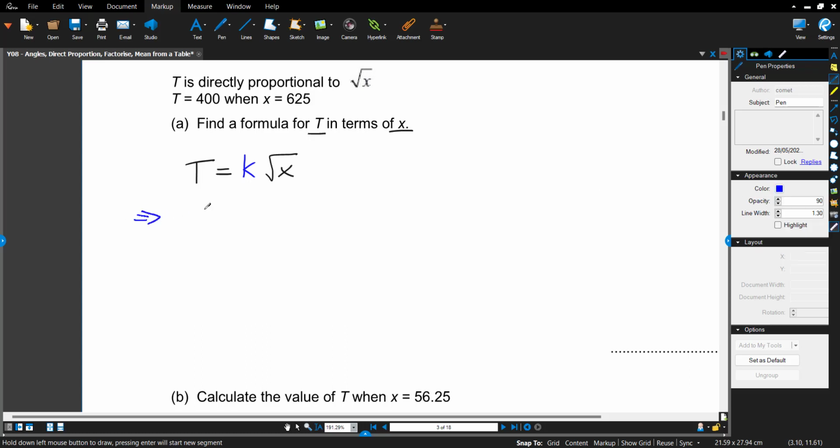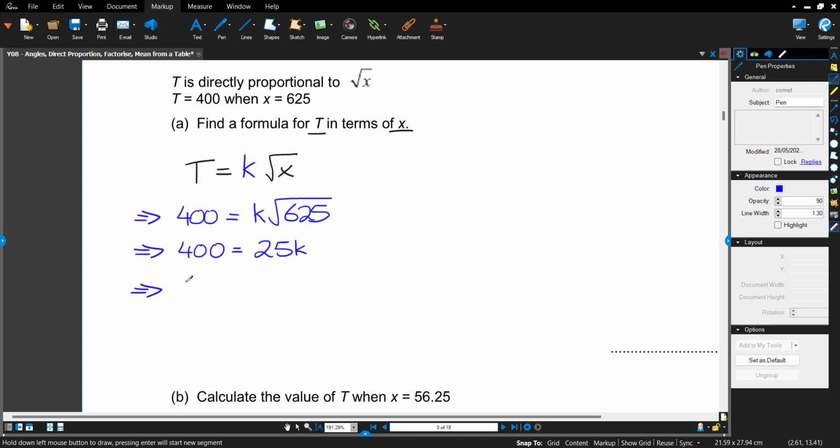So that implies 400 equals k times root of 625. And if you're very good, you'll know that root 625 is 25, okay? So it's 25k. You can do it on your calculator if you don't believe me. And also if you do believe me.